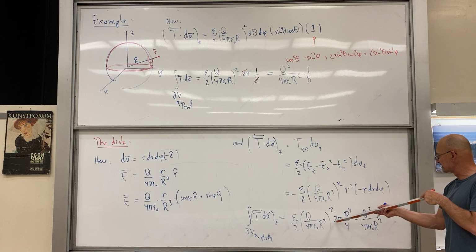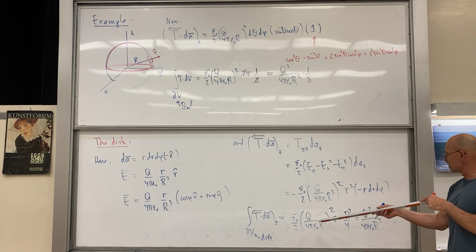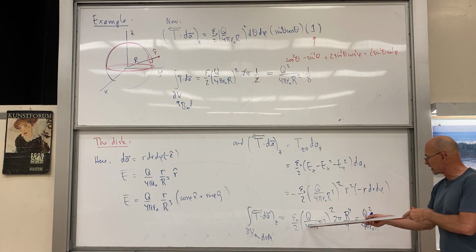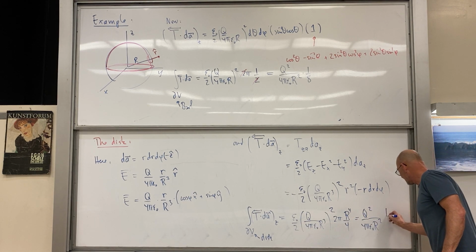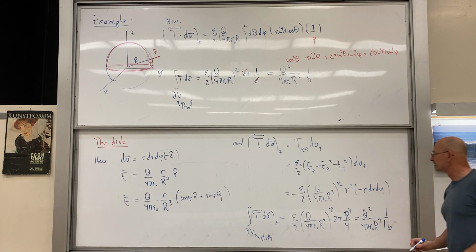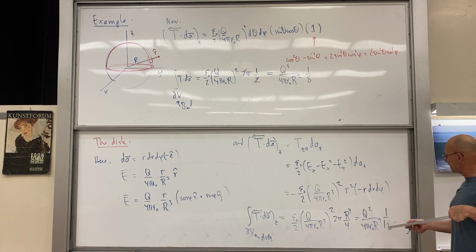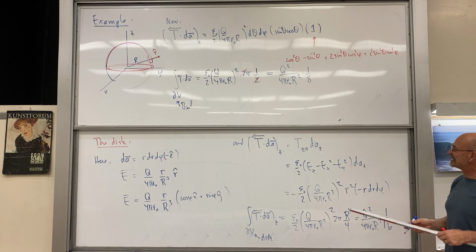Pi squared cancels against that one. Got the 4 there, so we've got an extra 4. 2 against 4 leaves a 2, times 2 is 4, times 4 is 1/16. Okay, 1/16. So we've got a 1/8 and a 1/16, so that's 2 plus 1 is 3/16.